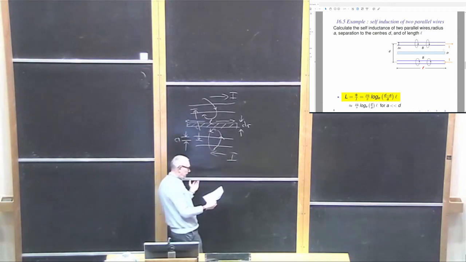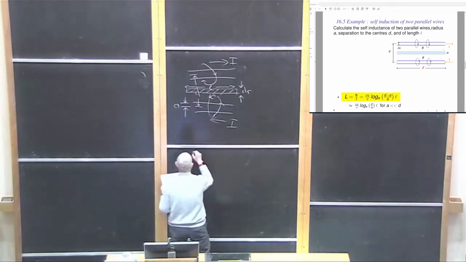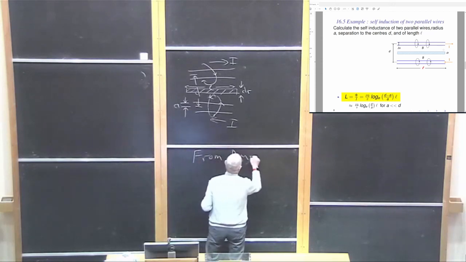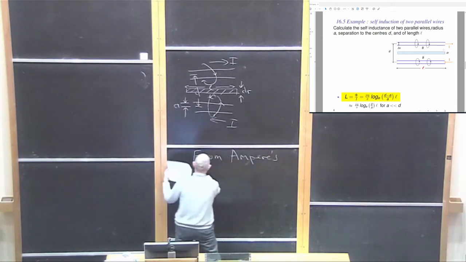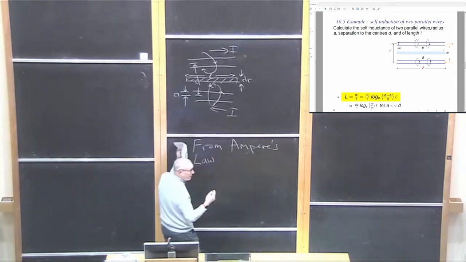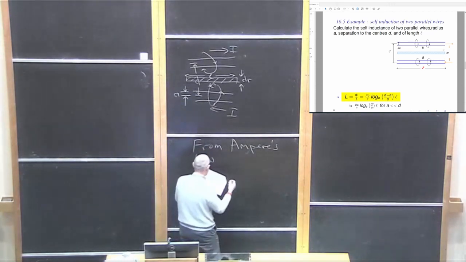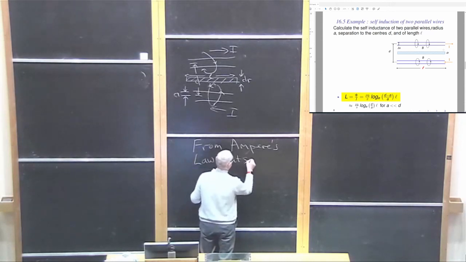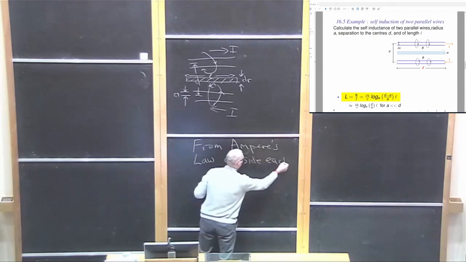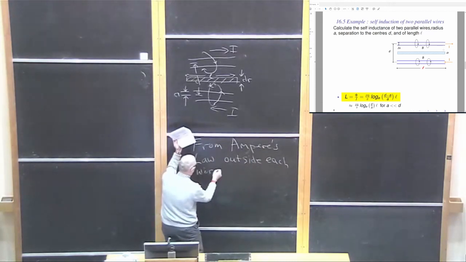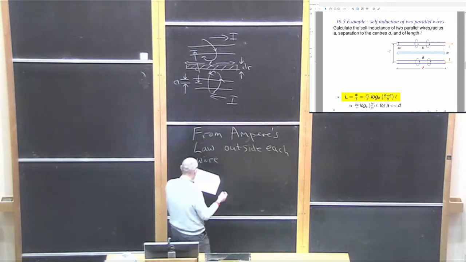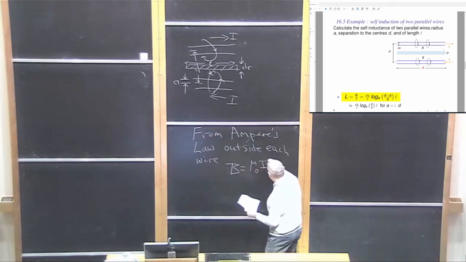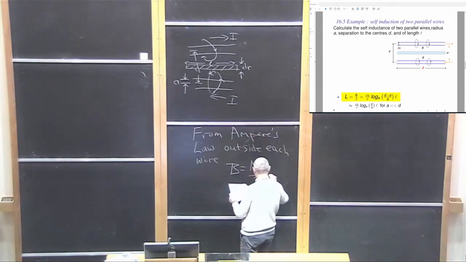So we now have to calculate the self-induction, and this is from Ampere's law. I don't want, just through time, to go through the derivation of this again, but from Ampere's law, outside each wire, the field B is equal to mu naught I over 2 pi r.